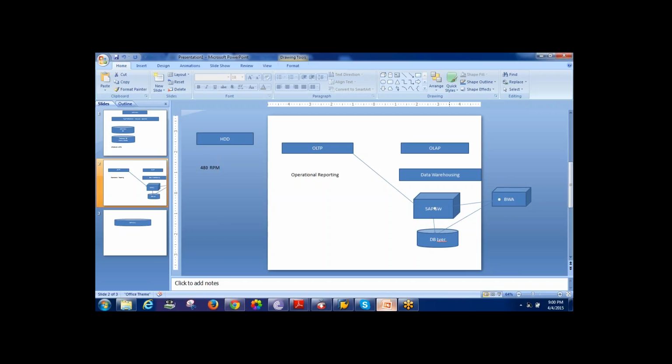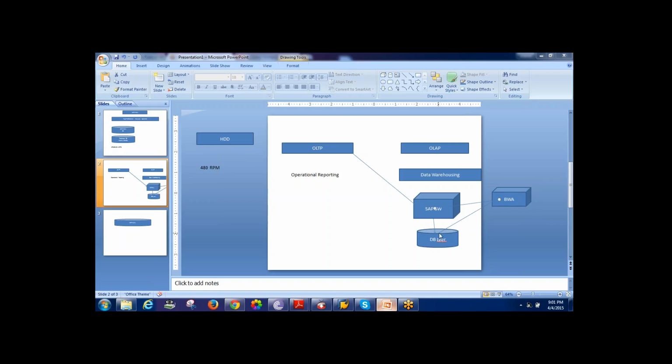But we are maintaining two systems here. The request will directly go to the BWA system and be processed there itself.